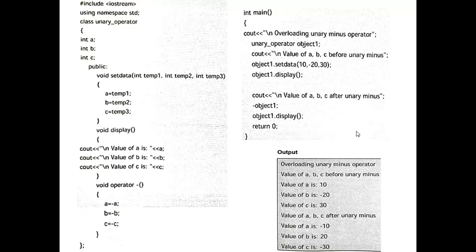In int main we have written cout, and here we are creating the object obj1 of unary_operator. Then we are calling the set data function by using obj1, in which we are passing three values, that is 10, minus 20 and 30, which will go to set data, and from set data temp1, temp2 and temp3 will be put into a, b, c.